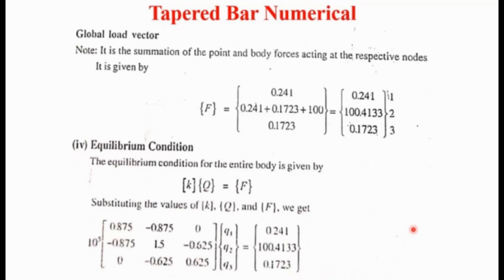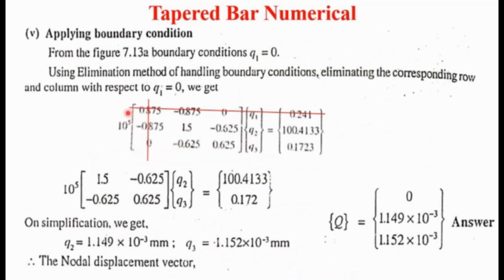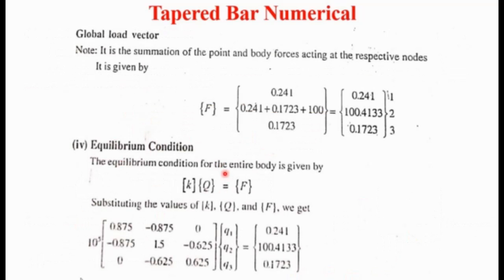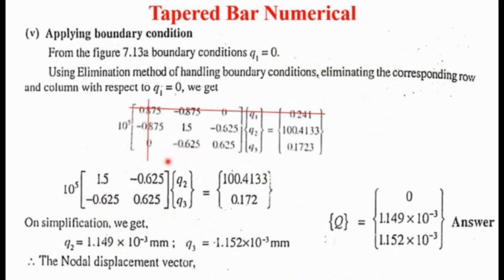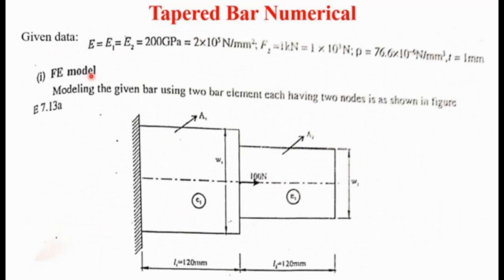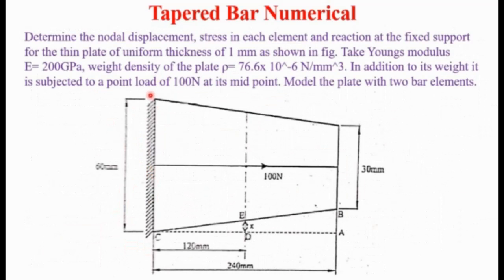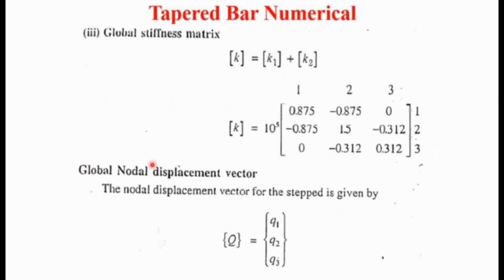Next, once we get this equilibrium equation, we have to apply boundary conditions. In this numerical, the boundary condition is Q1 equal to 0, because here we can see this bar is fixed at node 1.